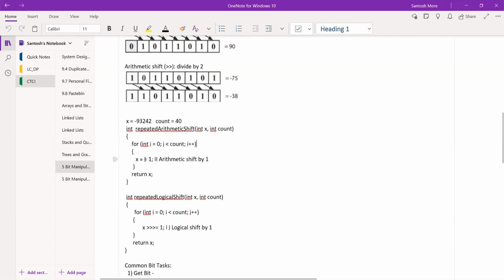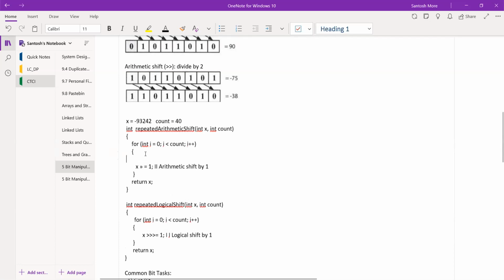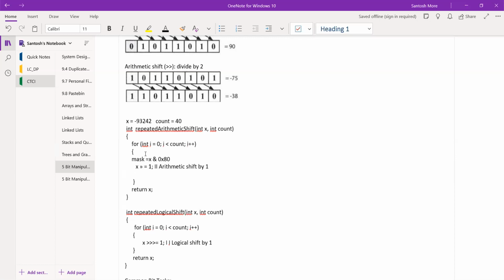So maybe something like mask is equal to x and a mask of 0x80, something like that. We take that, and when we are done with the shifting, then we again XOR with the mask, right?